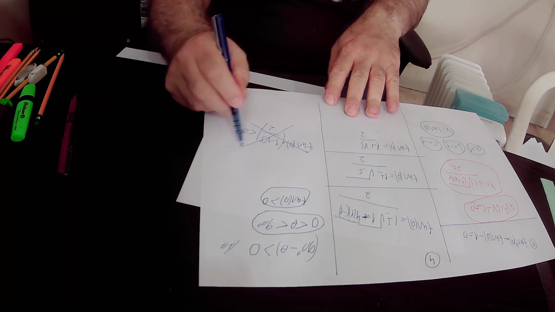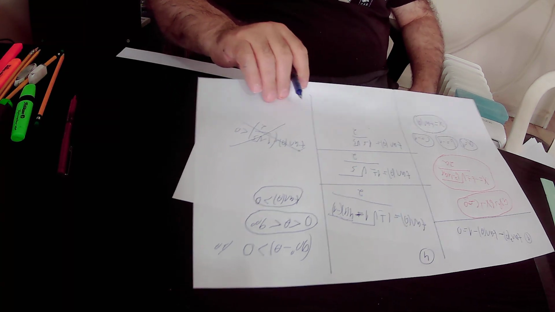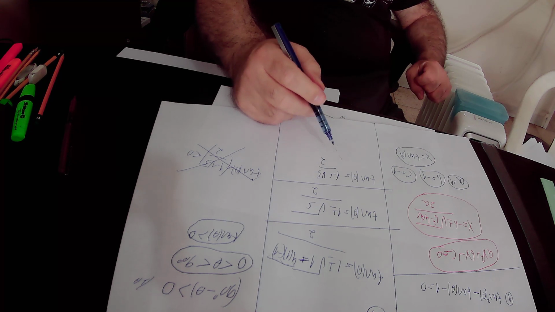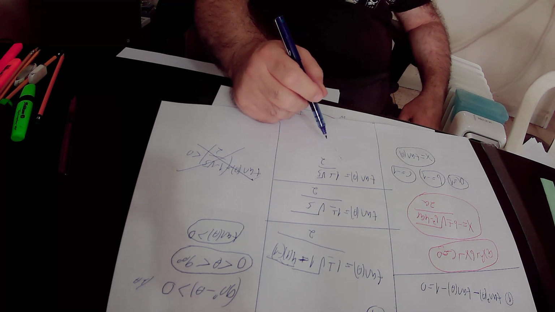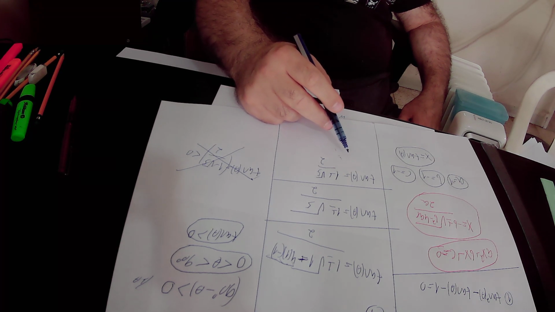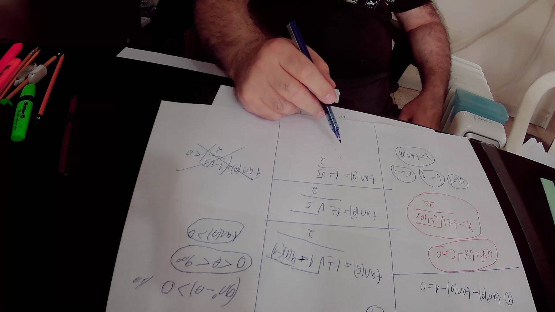We will cancel this solution and we are left only with the solution that tangent theta equals 1 plus square root of 5 over 2. And we want to find out the value of theta itself.